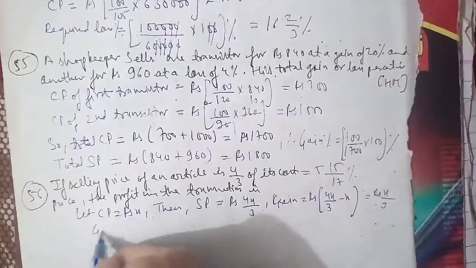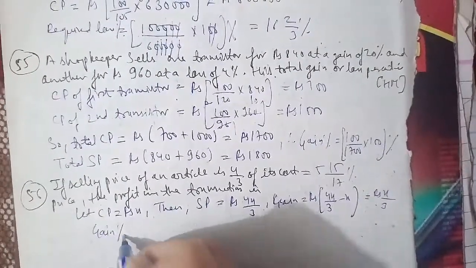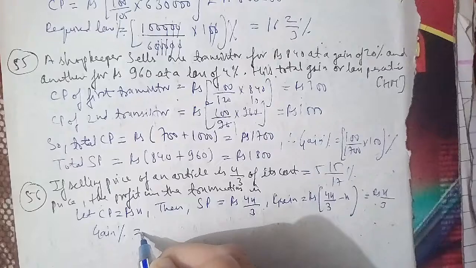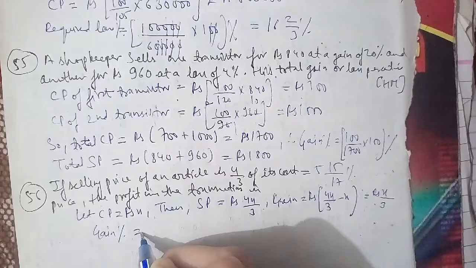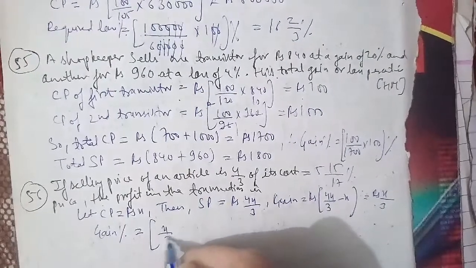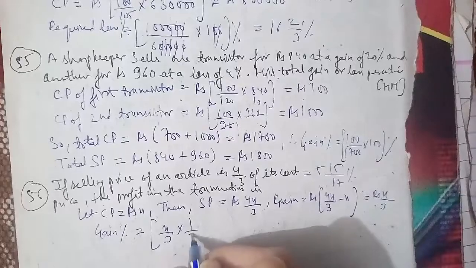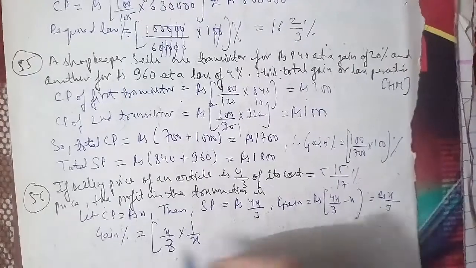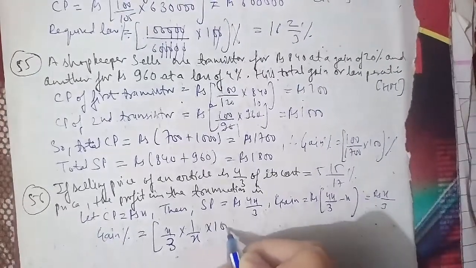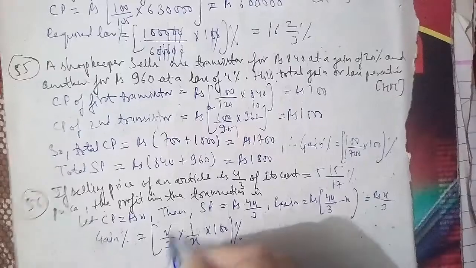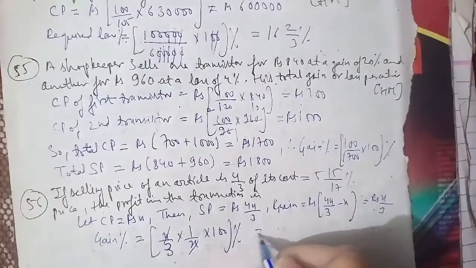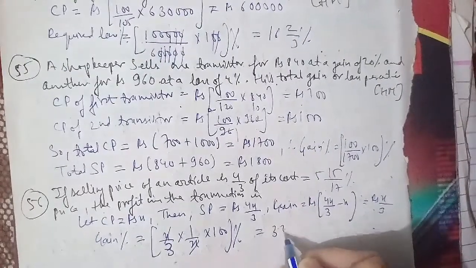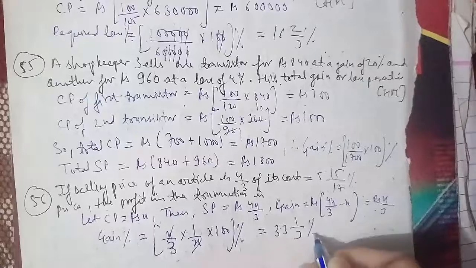So gain percent equals to x by 3 into 1 upon x into 100%, that x being cancelled by x here, which is 100 upon 3, so it will be 33 1 by 3%.